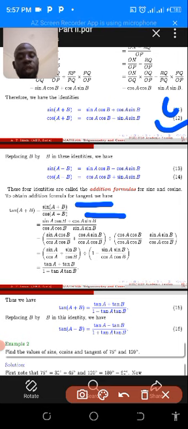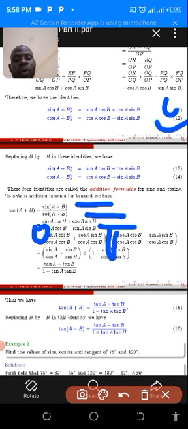And that is going to give us sine A cos B over cos A cos B plus cos A sine B over cos A cos B, divided by this equation. The division here is the division line we have in this equation.